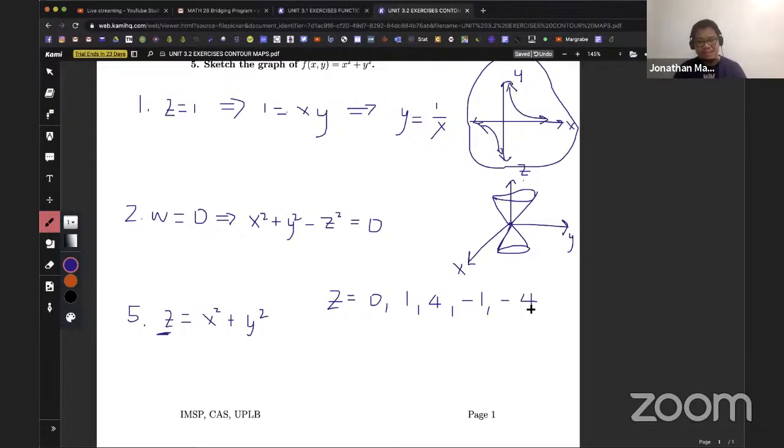So I will be setting 5 different values for z and kuhanin natin yung level curves at these values. Okay? If z equals 0, so we will be having an equation 0 equals x squared plus y squared. What is the graph of that on a 2D space or on a Cartesian system?